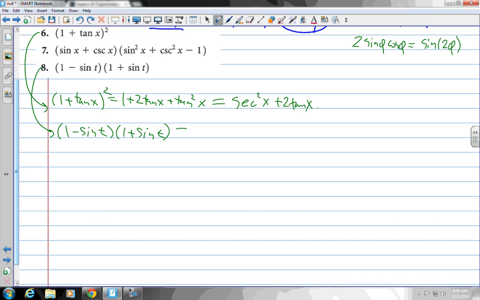Right, so it's difference of squares. So that's 1 squared minus sine squared t. So that's 1 minus sine squared t. Is 1 minus sine squared something special? Cosine. So 1 minus sine squared is cosine squared.